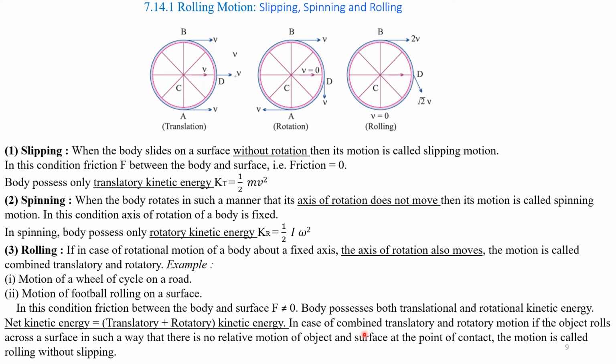In case of combined translatory and rotary motion, if the object rolls across the surface in such a way that there is no relative motion of the object and the surface at the point of contact, the motion is called rolling without slipping. In this section, we are considering rolling without slipping.